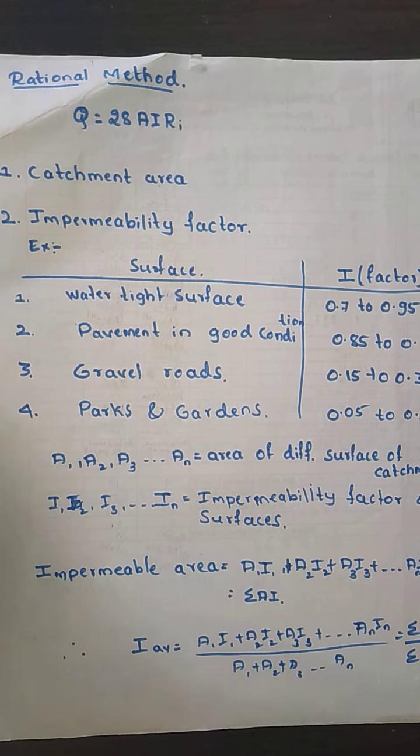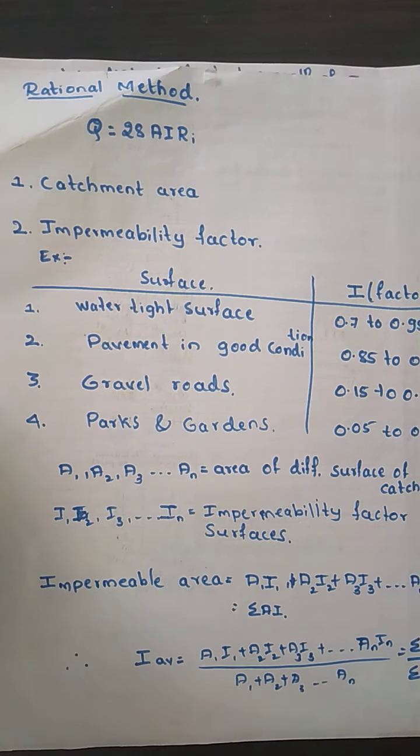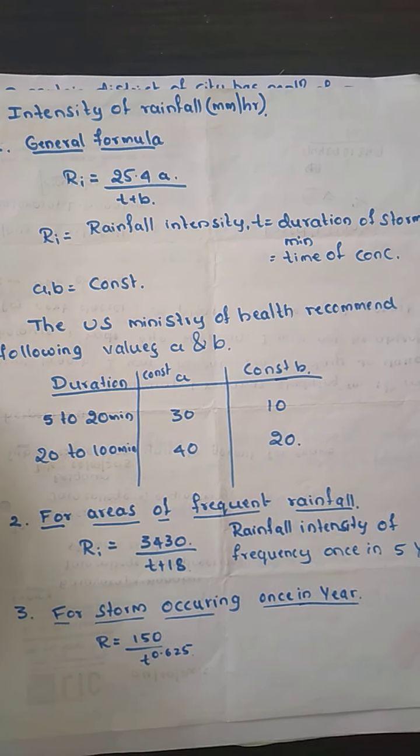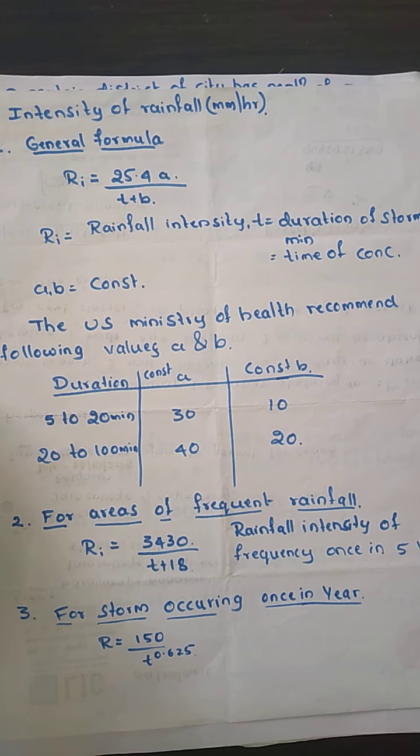Now the next thing is the intensity of rainfall, which we are going to express in mm per hour. The rainfall intensity also depends on for how much time the rainfall is going to occur in a particular place.